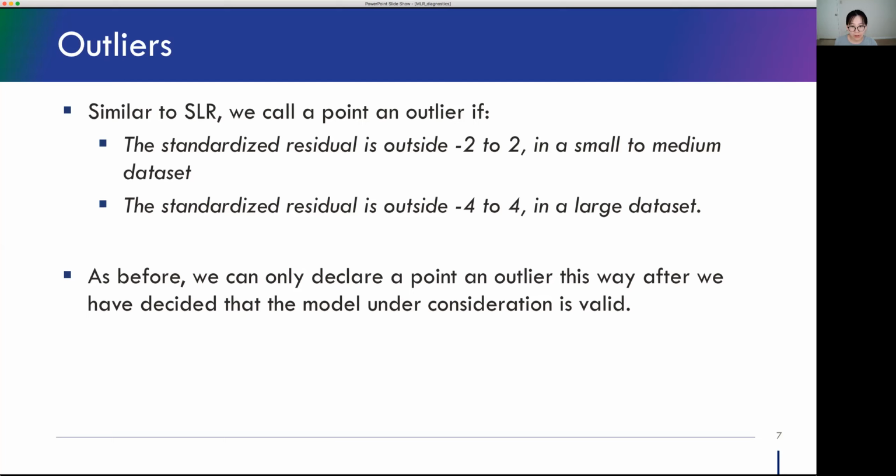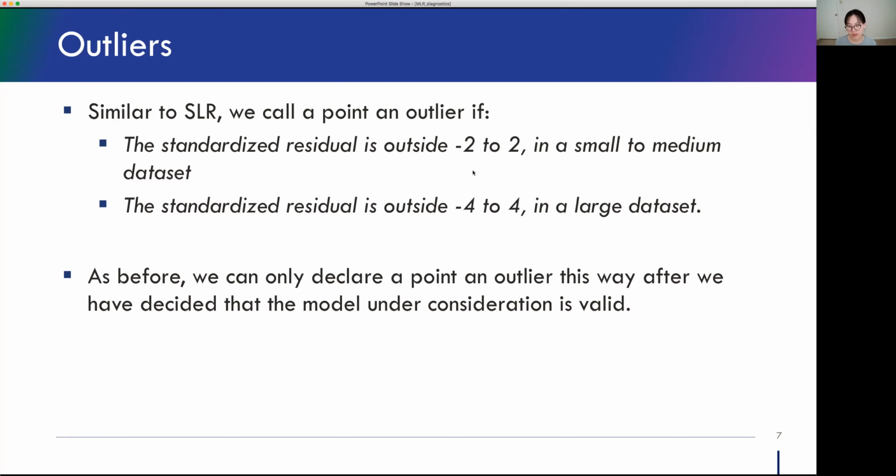And again, let's review outliers. What are outliers? Similarly, we call a point an outlier if the standardized residual is outside -2 and 2 for a small to medium data set. And we enlarge this band to -4 to 4 for a large data set, because if we still use -2 to 2 for a large data set, too many data points will be considered outliers.